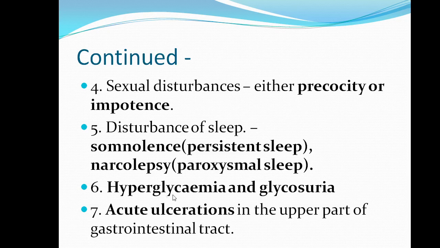Then hyperglycemia, that is increased blood sugar level, and glycosuria, that is passage of the sugar in the urine. Then acute ulcerations in the upper part of the gastrointestinal tract.